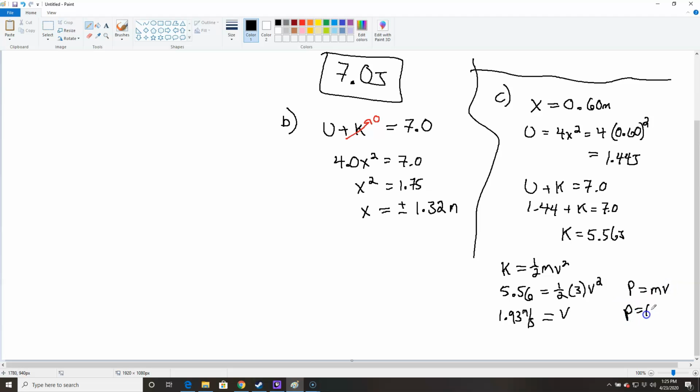The momentum will be 3 times 1.93, which gives me 5.79 Newton seconds. Box it and declare victory.